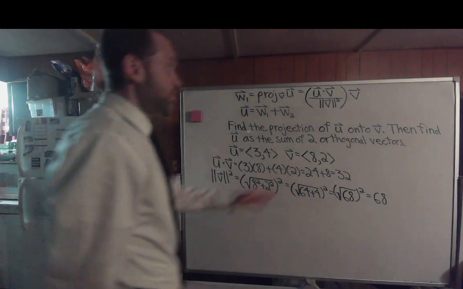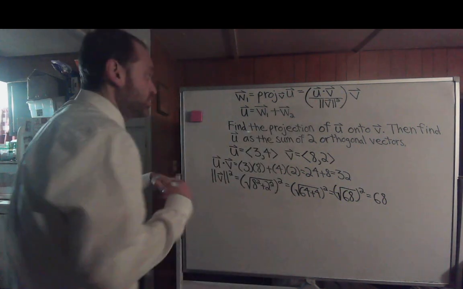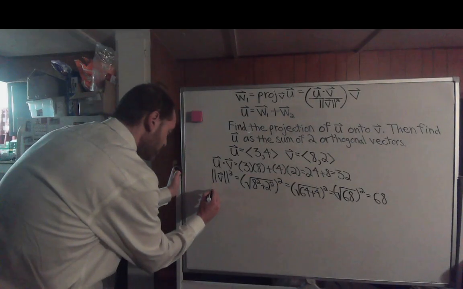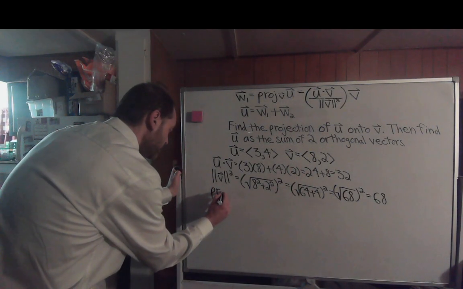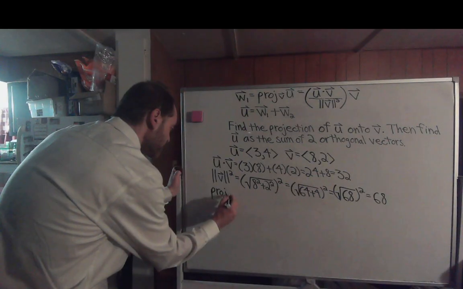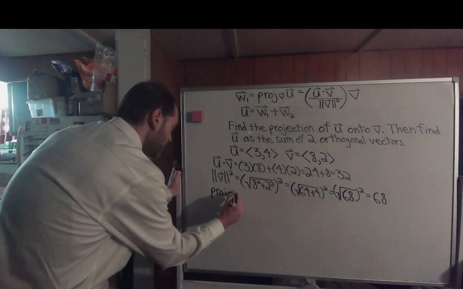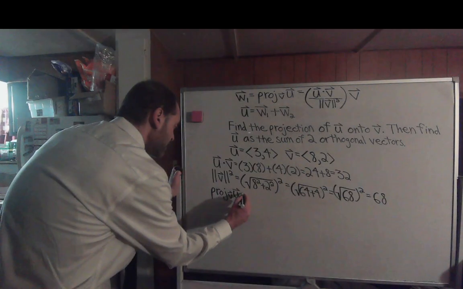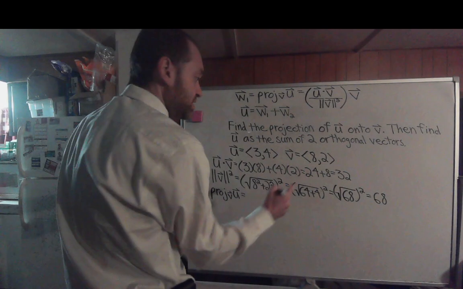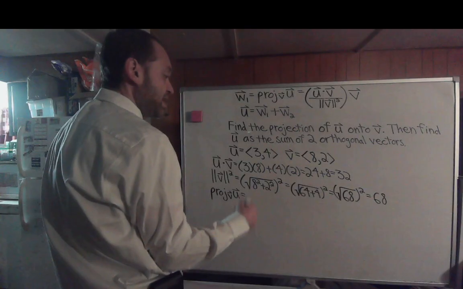Now that we have all that, we can find the projection of u onto v. So the projection of u onto v is going to equal 32 over 68 times vector v.